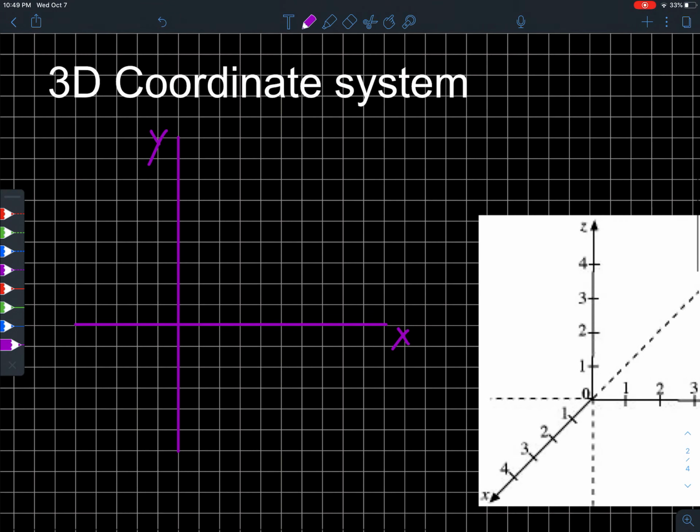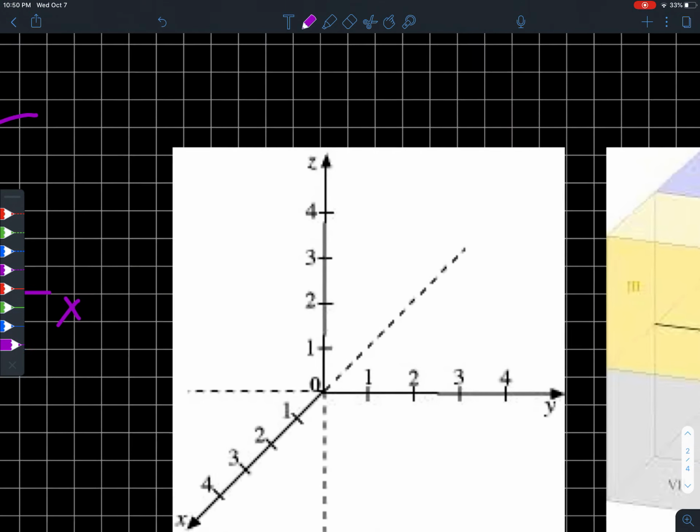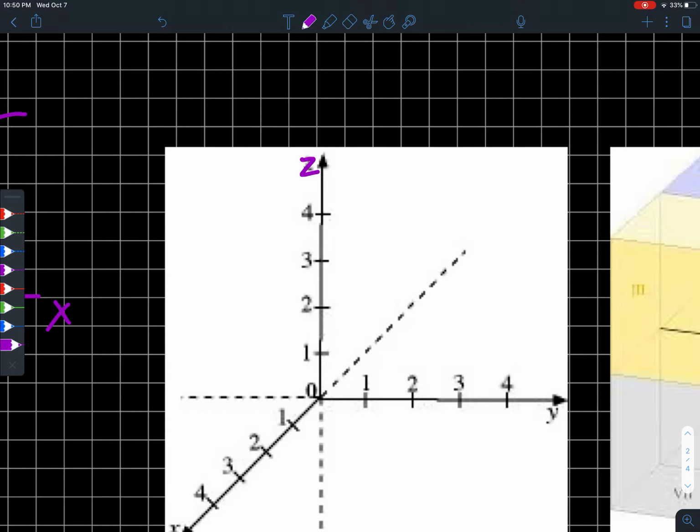And you've been dealing with graphs, for the most part, where Y is a function of X. And that's all good stuff. But for multivariate, we are going to have to introduce you to a third coordinate, the Z coordinate.